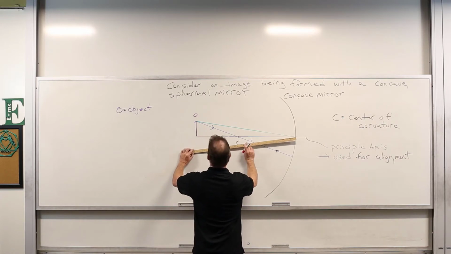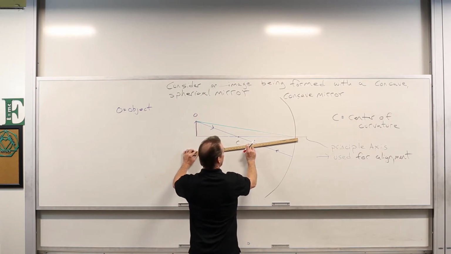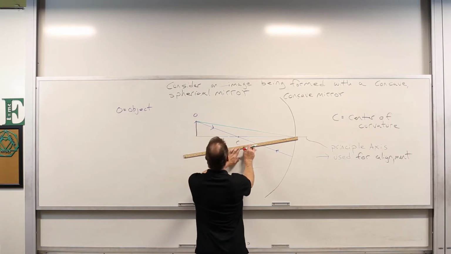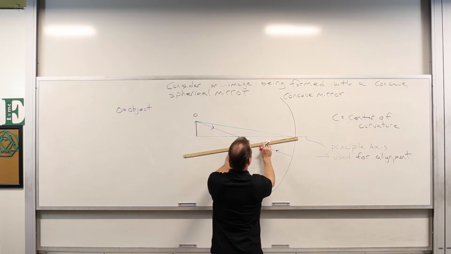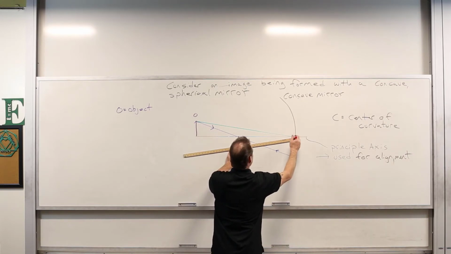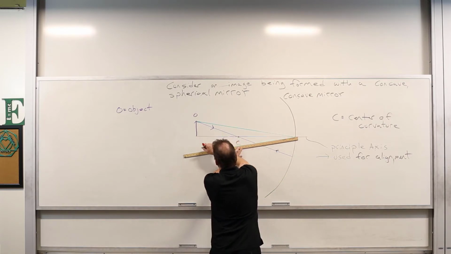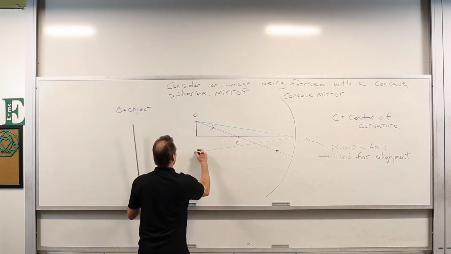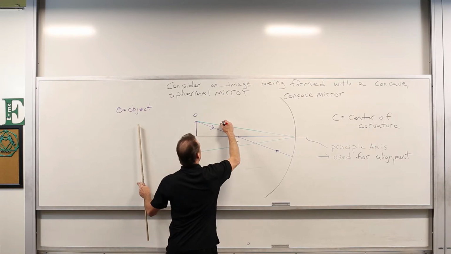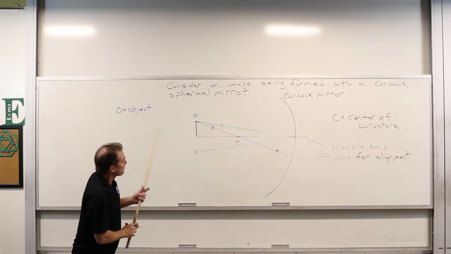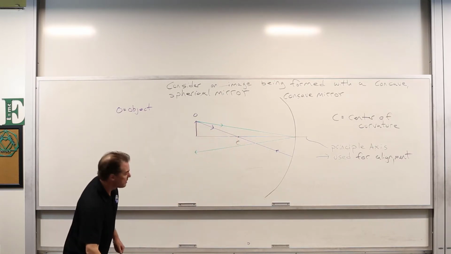I'm going to do the best I can with a little approximation without having to measure things out. That looks semi-okay, maybe not perfect, but hey. So there's the reflected ray, there's the incoming ray. That looks pretty decent for equal angles.